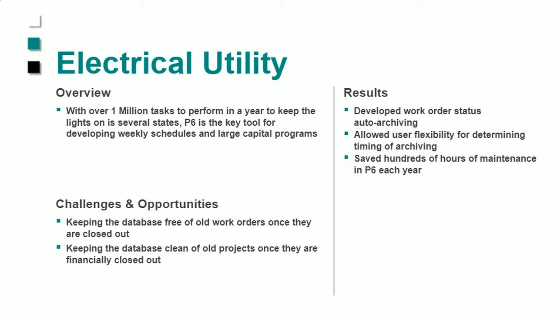The users can control the timing, as I showed you in this scenario, and it's saving hundreds of man hours of work to maintain their P6 each year. For them, it's really a no-brainer, and their team is very overworked as it is, and this takes one less thing off their plate, and it keeps their projects from growing exponentially each year. That was also for performance, of course, of P6.